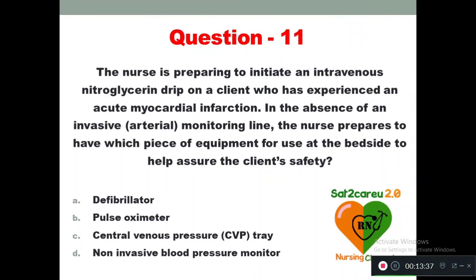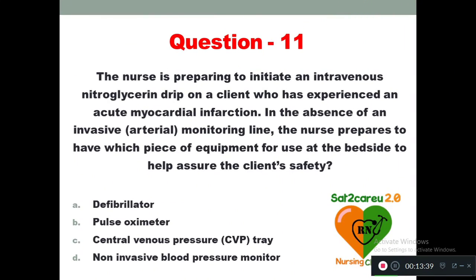Question number 11. The nurse is preparing to initiate an intravenous nitroglycerin drip on a client who has experienced an acute myocardial infarction. In the absence of an invasive arterial monitoring line, the nurse prepares to have which piece of equipment for use at the bedside to help assure the client's safety?